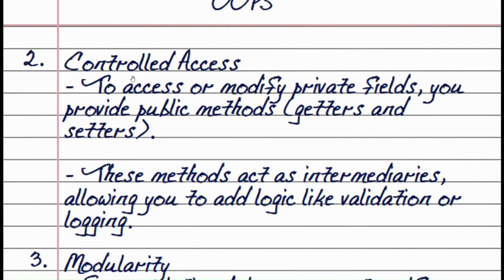Next point is controlled access. To access or modify private fields, you provide public methods. If you want to access the private fields outside the class, we use getters and setters.